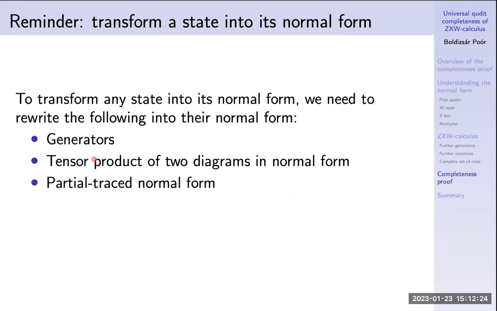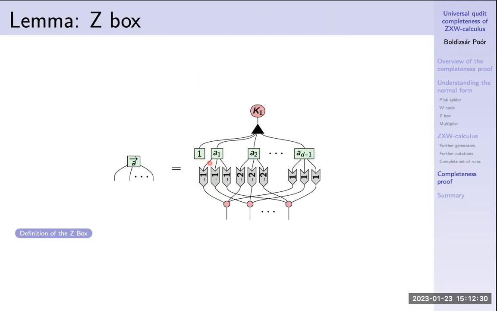So we had these three requirements, and I'm just going to show you the lemmas for each of these. The proofs for these will be presented in an upcoming paper, hopefully soon available to the public. But here I'm just going to show you that these things have been proved.